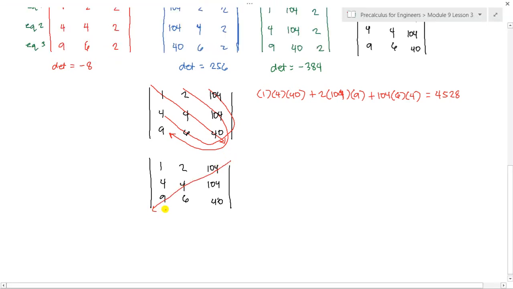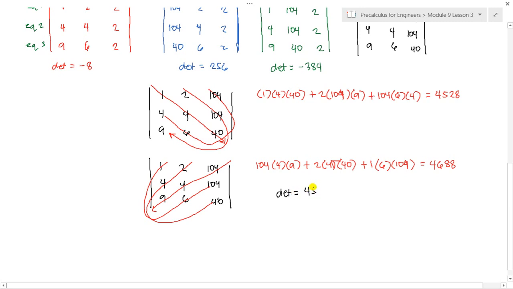So 104 times 4 times 9 plus 2 times 4 times 40 plus 1 times 6 times 104 plus 1 times 6 times 104. Pila may answer? 4,688.